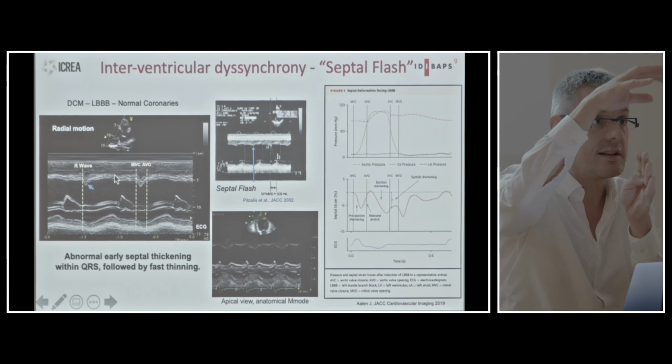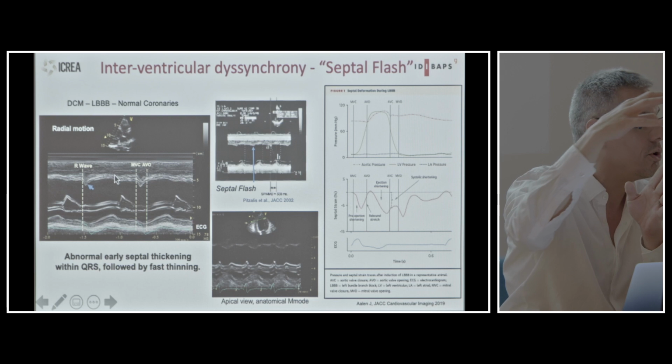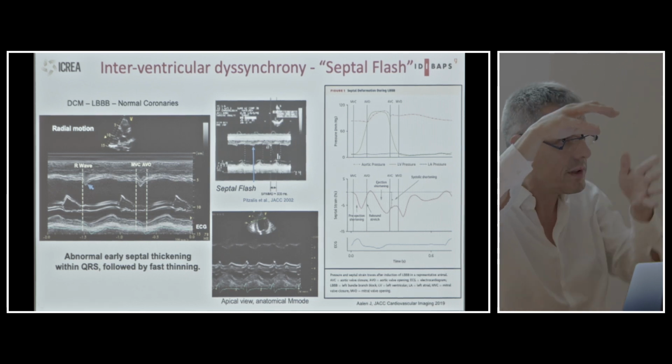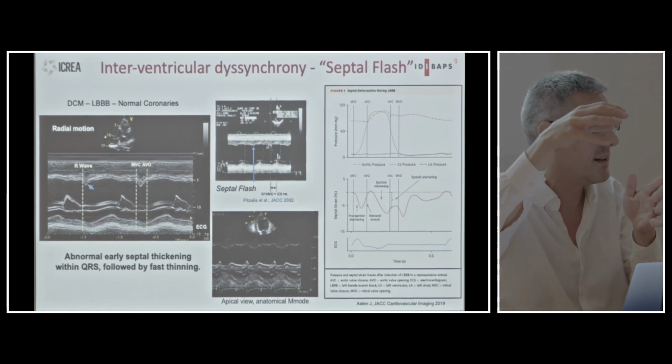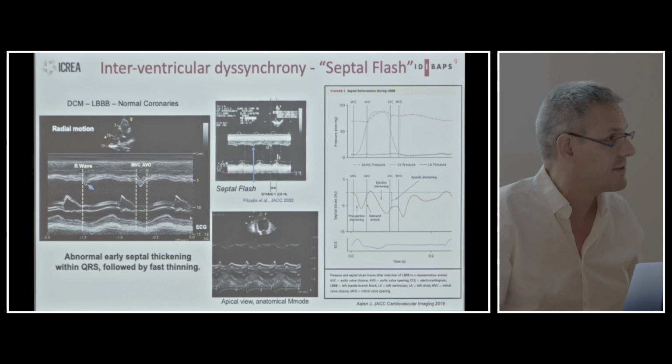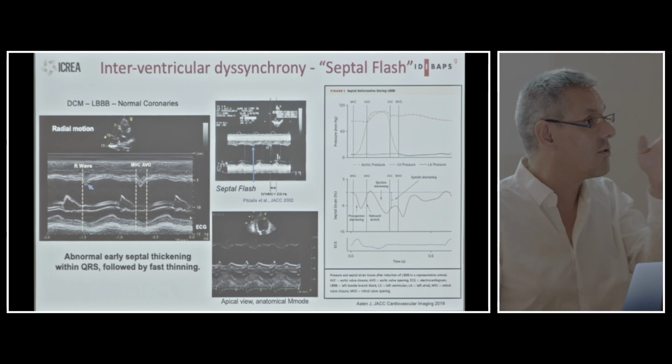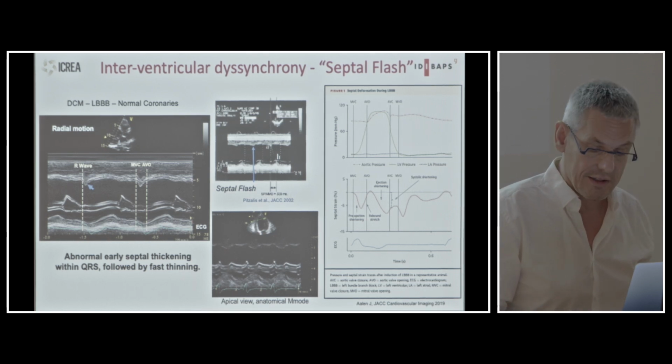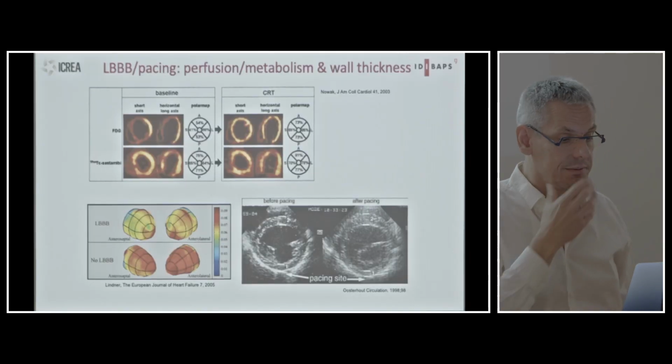However, if the activation is a little bit faster, maybe you have a little bit of Purkinje activation, the septum will start to move, but almost immediately the lateral wall starts to move, and then you will have a pattern like a small septal flash, and then you would still have septal inward motion. So it's really a gradient depending on the patient. I'll show you some examples later.